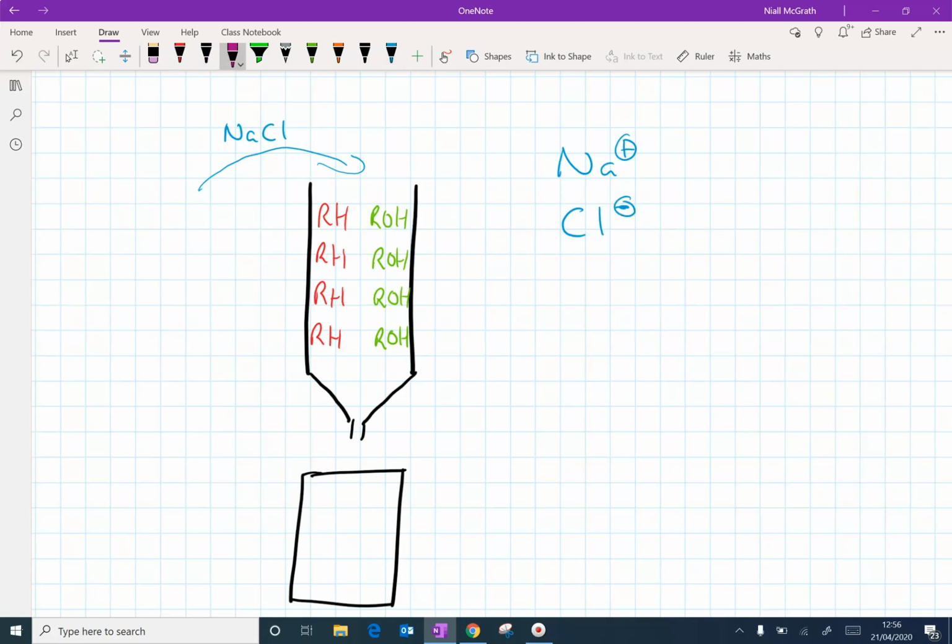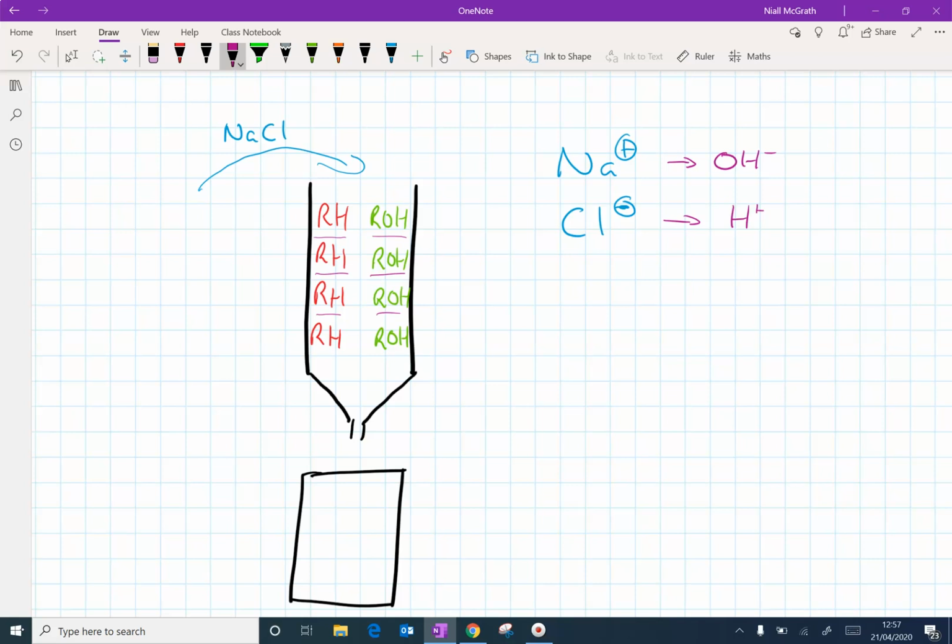What we use to replace the Na pluses is OH minus, and what we use to replace the Cl minus are H pluses. As that passes down through the resin that contains these two compounds, the ions that we don't want are replaced by the H plus and the OH minus.